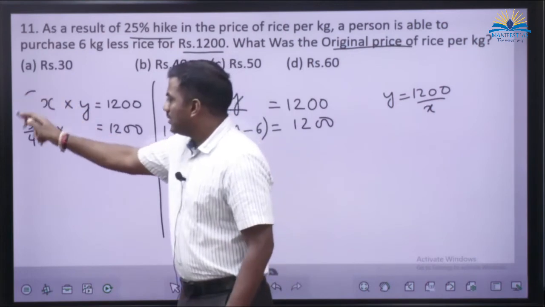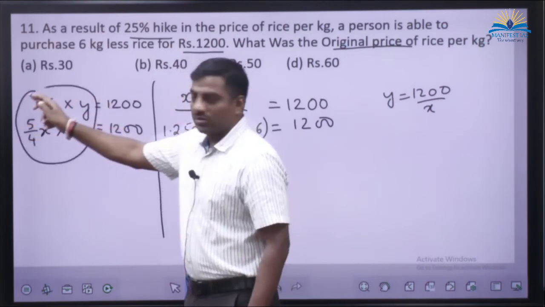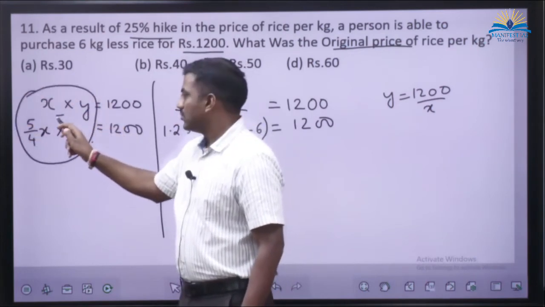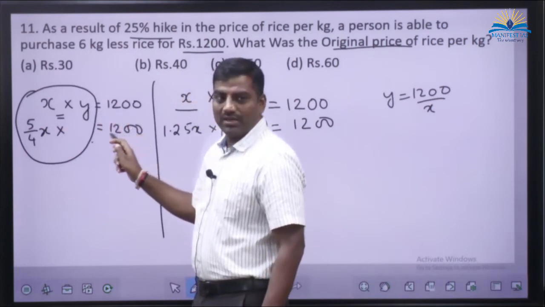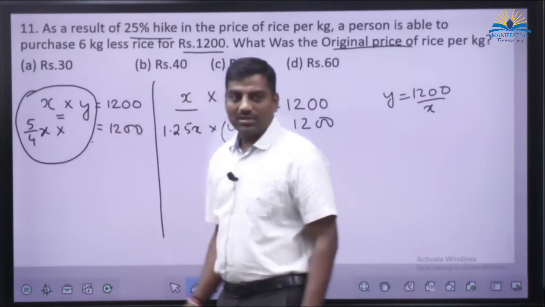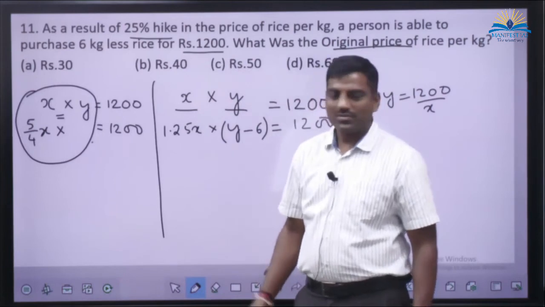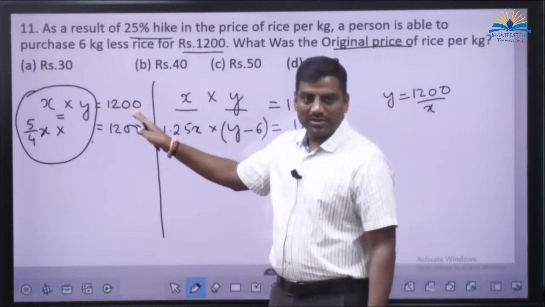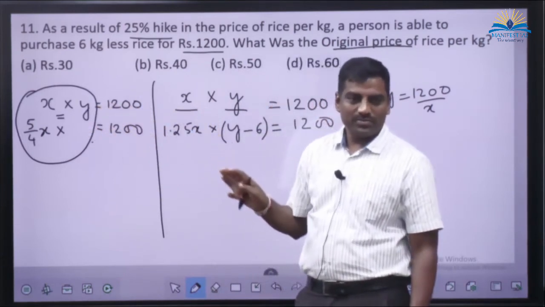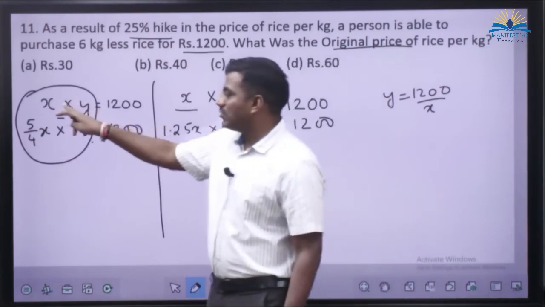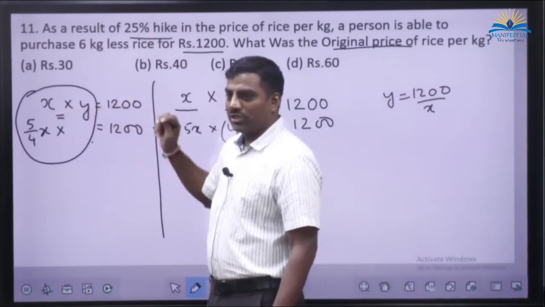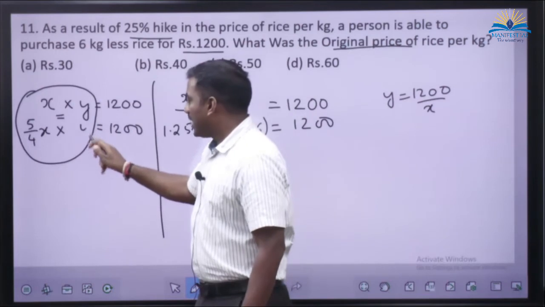Then these two must be equal, no? This is equal to 1200, and this is also equal to 1200. But already we have seen X into Y is equal to 1200.